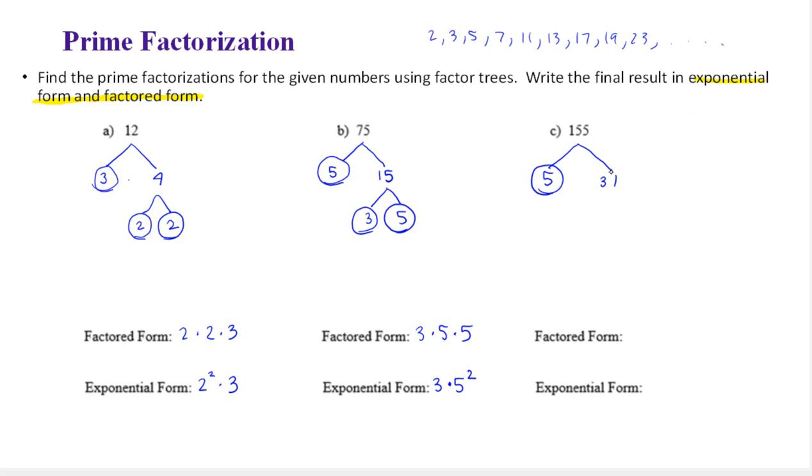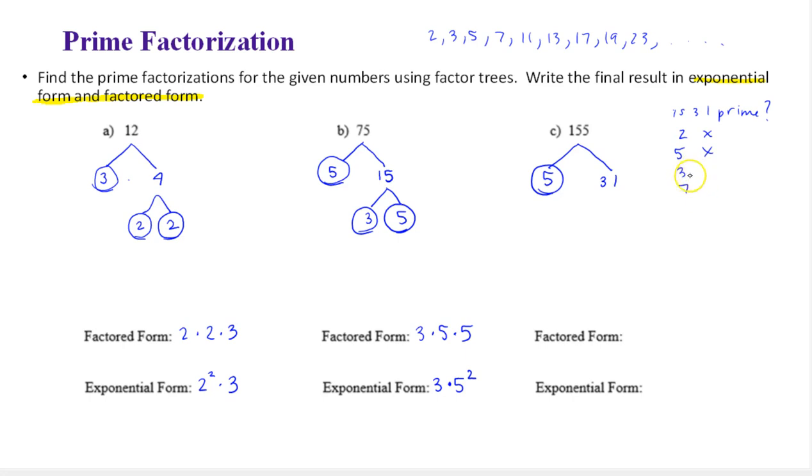So let's think of how we can check this. Well, it's less than 121, so we only have to check, can we factor this further? Well, it's not divisible by 2 because it doesn't end in 0, 2, 4, 6, 8. It's not divisible by 5 because it doesn't end in 0 or 5. So we really just need to check if it's divisible by 3 and 7, which we can do on the calculator.